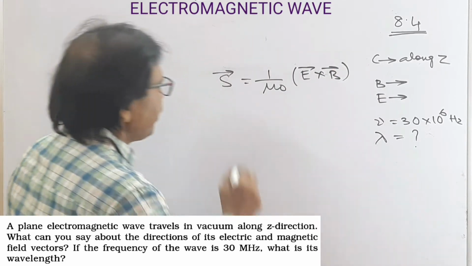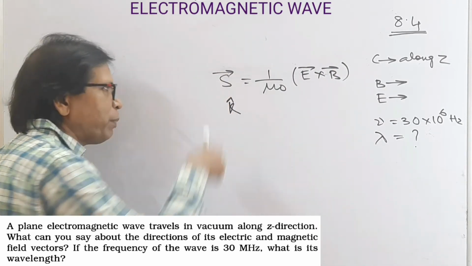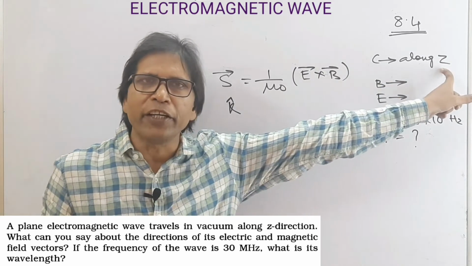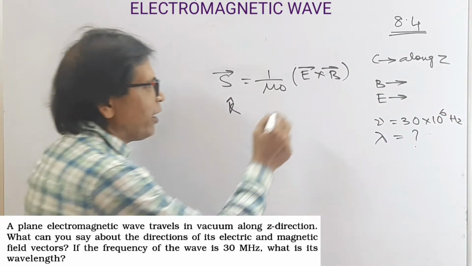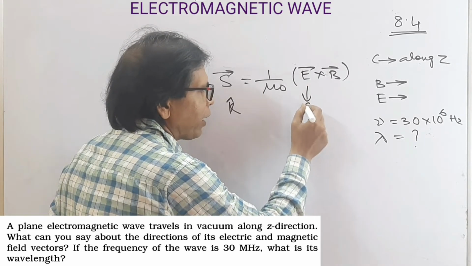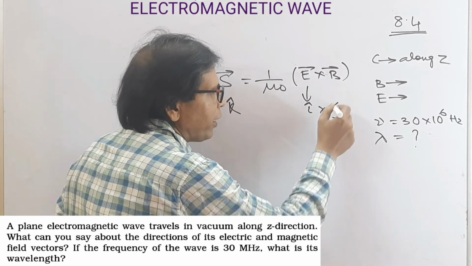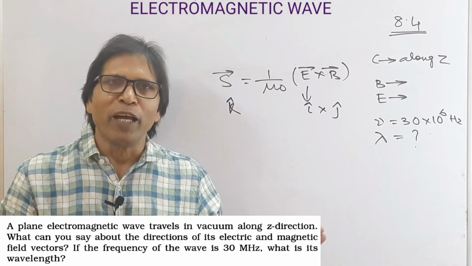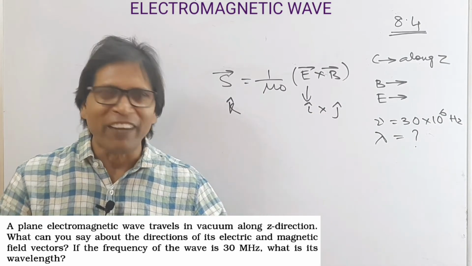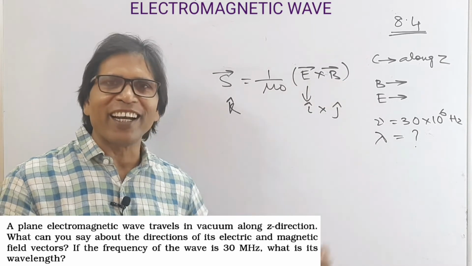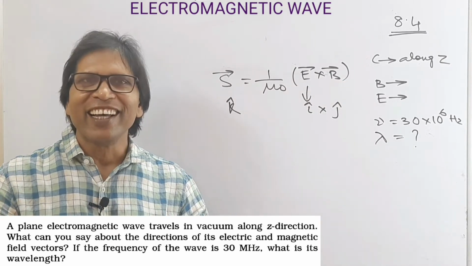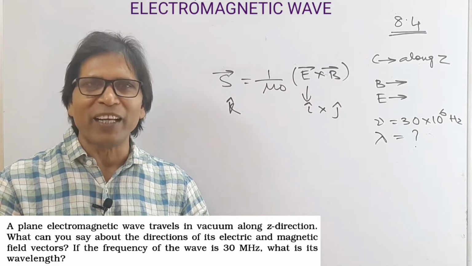S is directed along the z axis, this is k cap. So E must be i cap, and B must be j cap. So the direction of the electric field vector is along the x-axis and the magnetic field vector along the y-axis, that is in the yz plane.